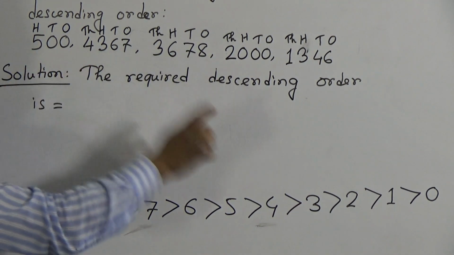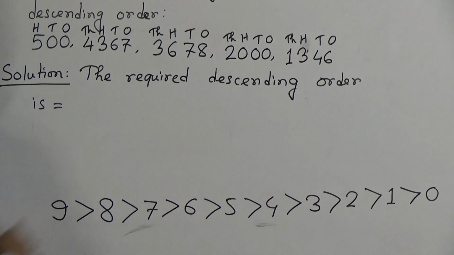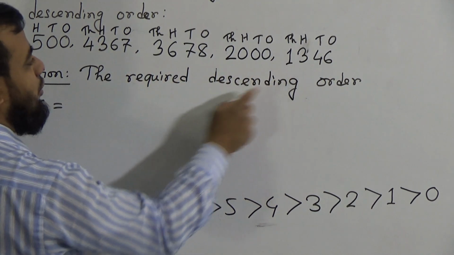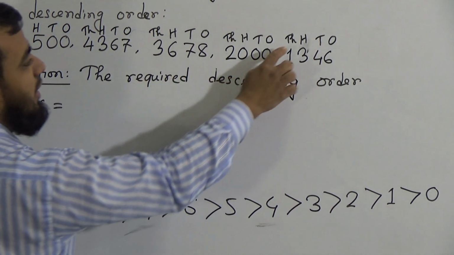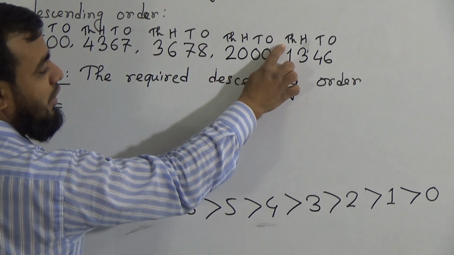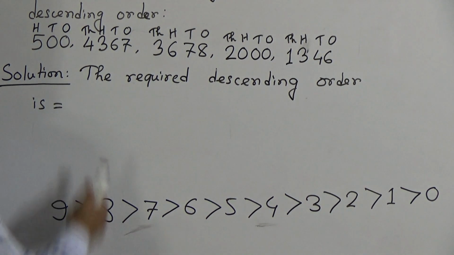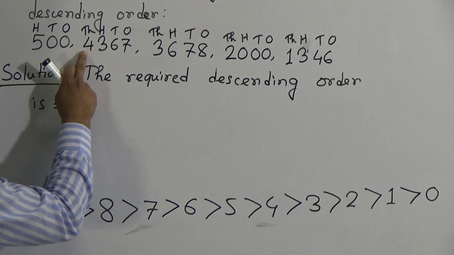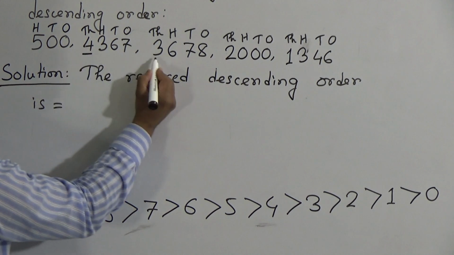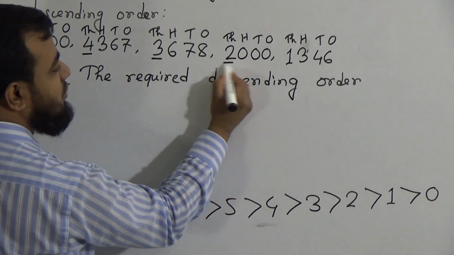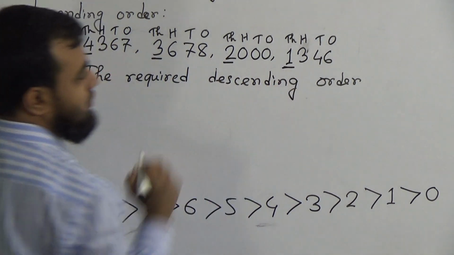We should write it down at last. Now among the other 4 numbers, all have the highest place value of 1000. We have 4 in 1000's place, 3 in 1000's place, 2 in 1000's place, and 1 in 1000's place.